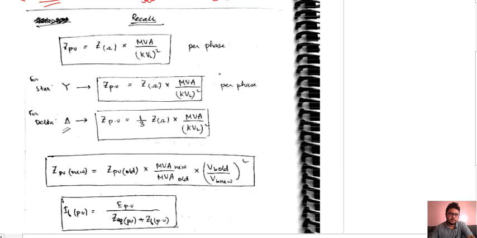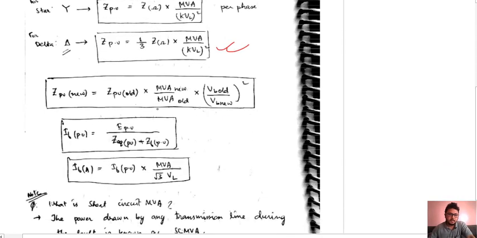Now let us recall what we have done. We have calculated Z per unit. Z per unit equal to Z ohm into MVA by kV square. This we already know. In star connection this is the rule, and in delta connection you just have to divide by 1/3.